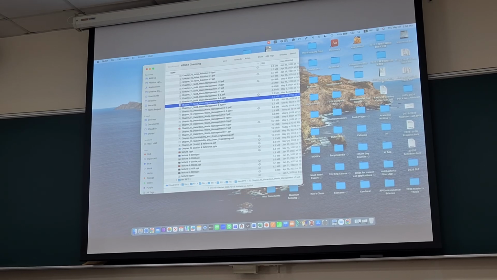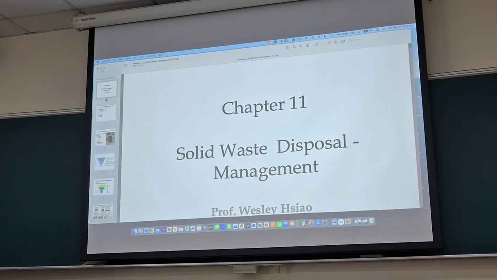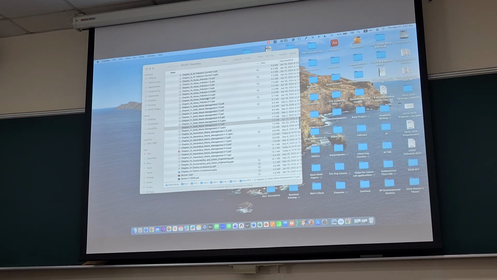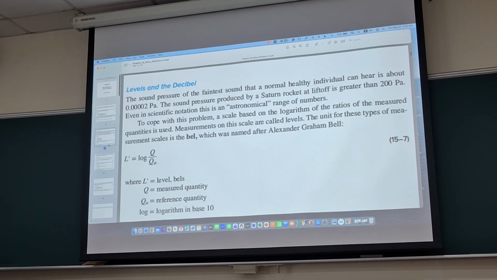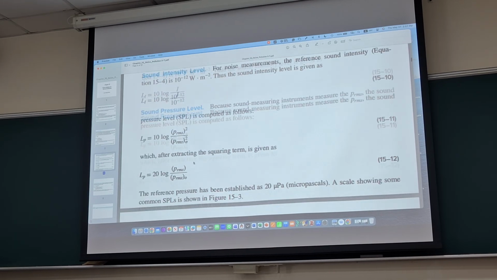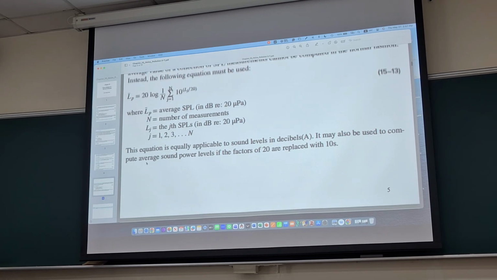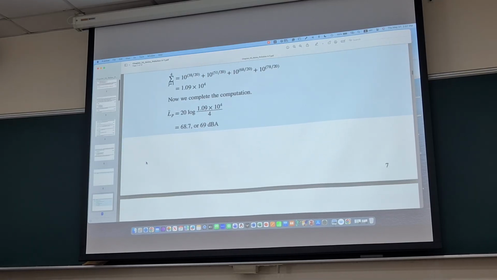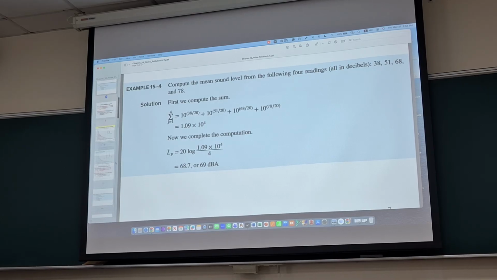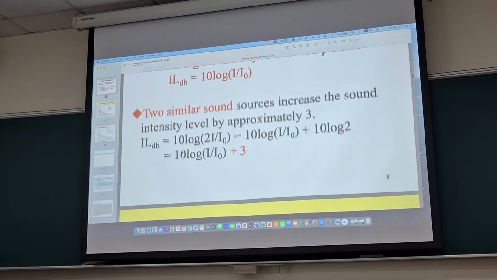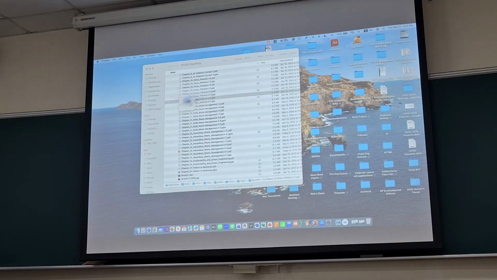And I also posted the noise pollution one. It has some calculation problems. I will test it in the exam. You might also read over it. I will go over this next week.